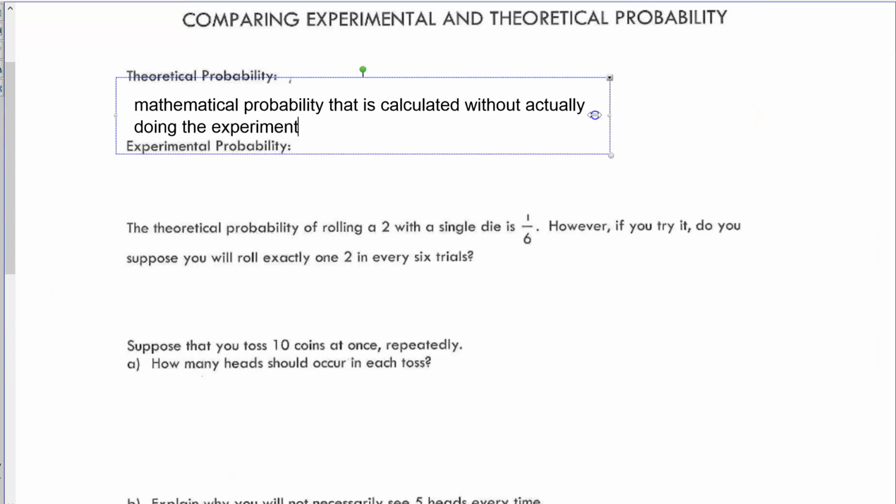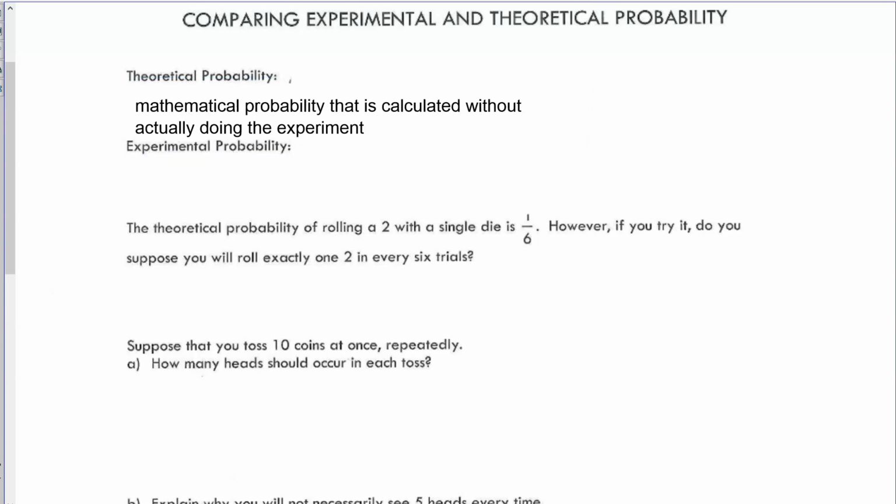The equation for your theoretical probability, I'll just write it out on the side here.